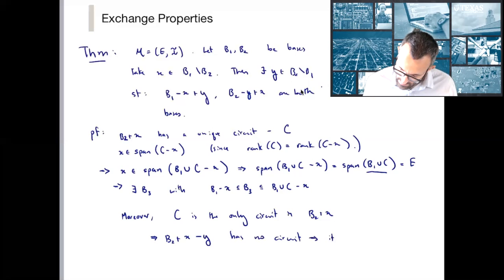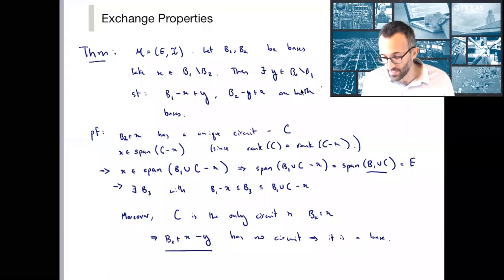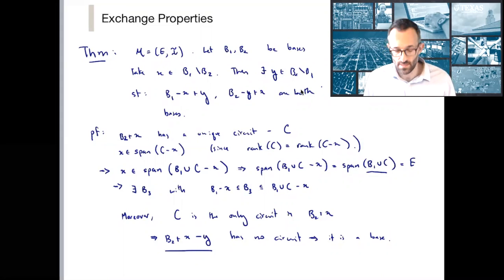Hence, it is a base. So these are the two parts. So we showed that B2 plus X minus Y is a base. And also we showed that B3 is a base, but B3 contains B1 minus X. So that means that B3 must contain some element of B2. So this is exactly the theorem.